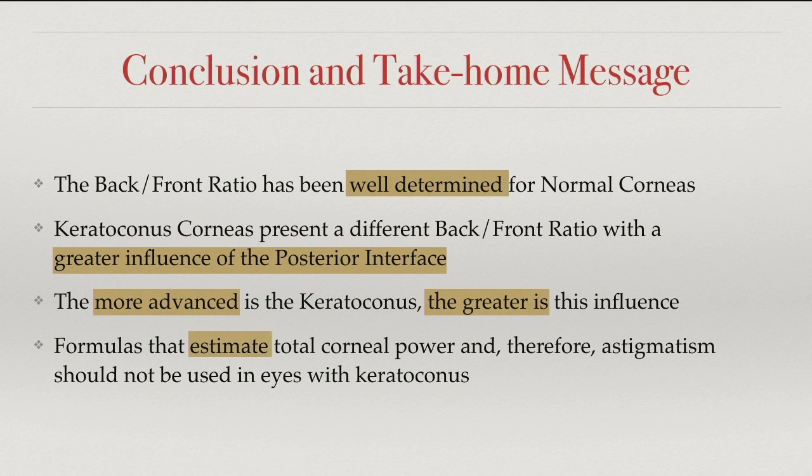Formulas that estimate total corneal power, and therefore the astigmatism, should not be used in eyes with keratoconus. If we're not sure whether we have to map the posterior surface of the cornea, we should be more aware of this influence in keratoconus eyes. Thank you very much.